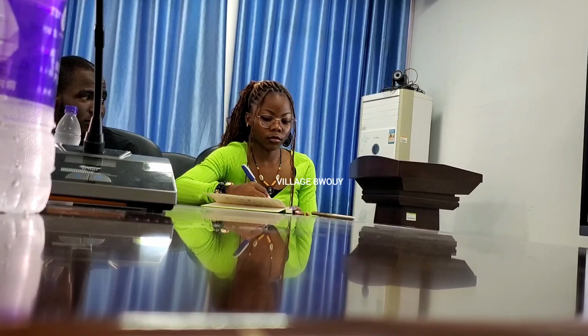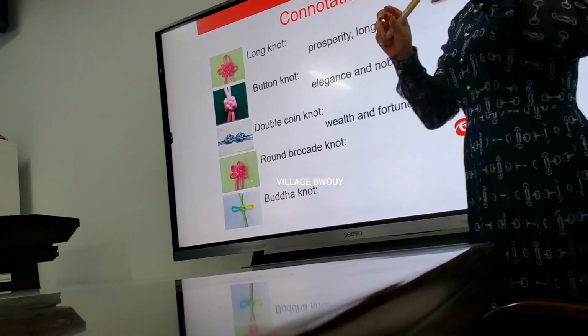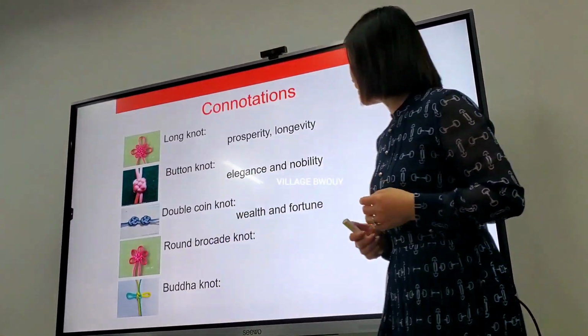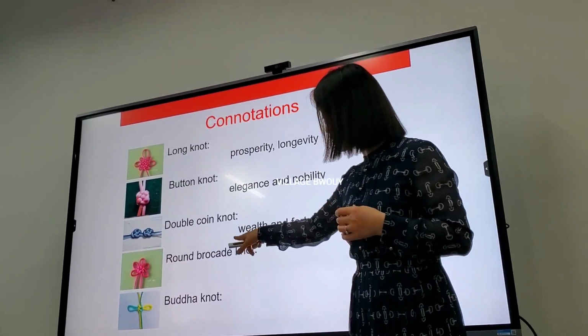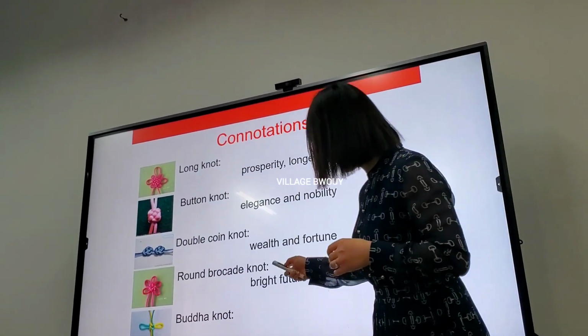Do you know brocade? What does it mean? It's a special kind of fabric for making clothes, right? Okay, so this is called round brocade knot, which means a bright future.